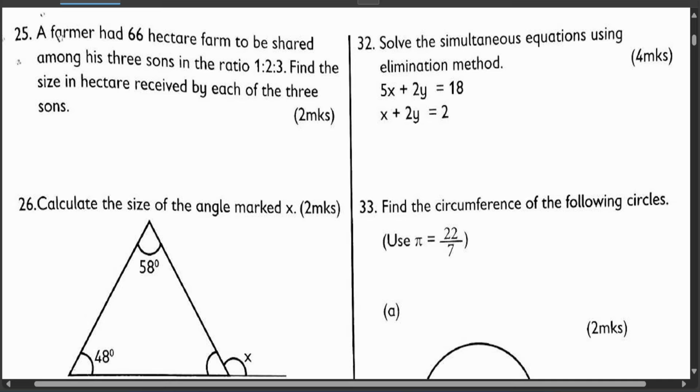Now the simplest way to eliminate, you see, if the letters have the same coefficient, then it becomes easy to eliminate. So there is a letter here that is the same as in the second equation. So this is equation 1, this is equation 2. So let me just write them down here.